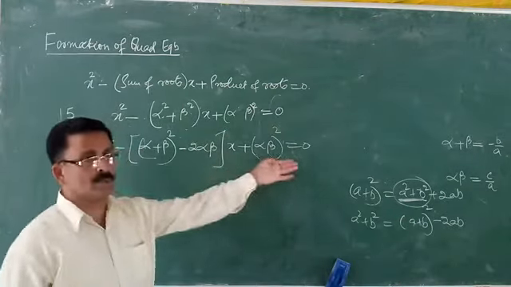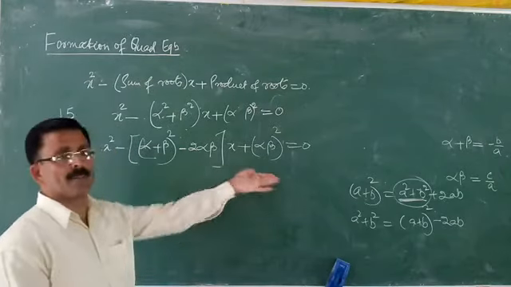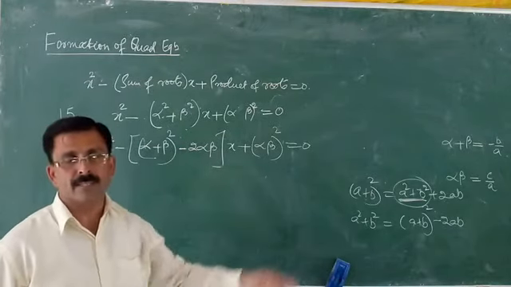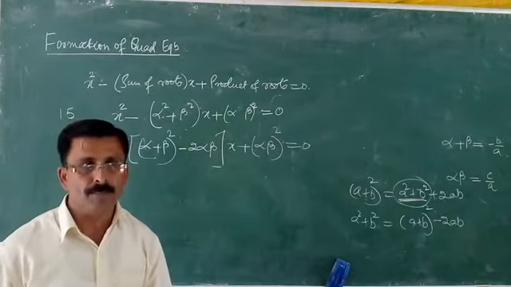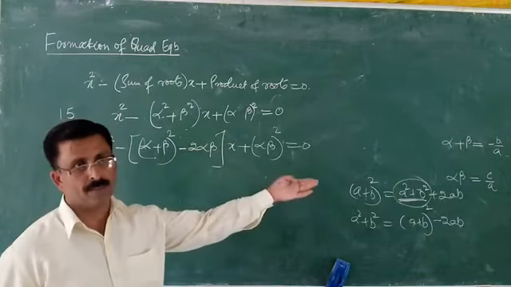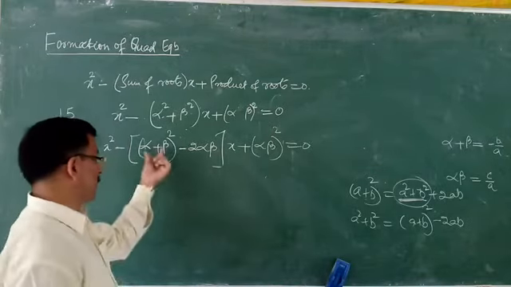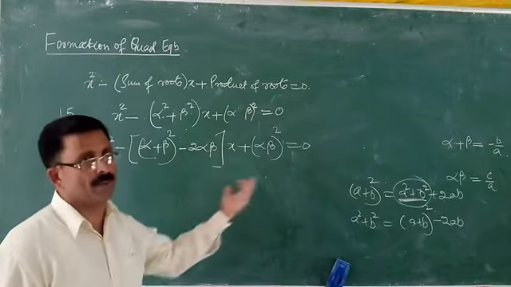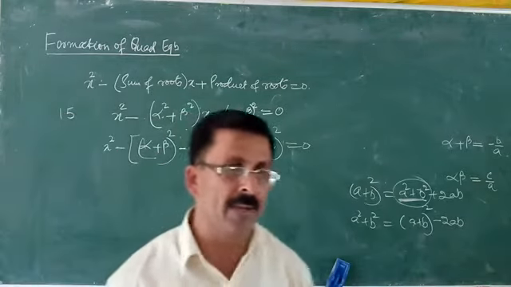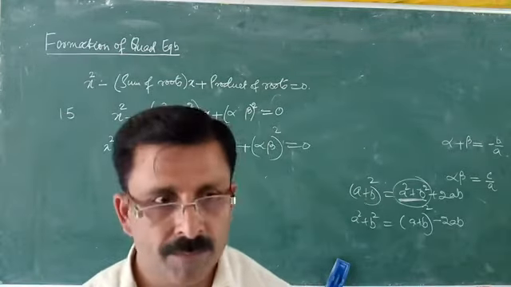Now all the terms you see here are converted into the sum or the product of alpha and beta. This is all done. Now if I can have the value of this part and then the value of this part, I will be able to just put it in, simplify and get the quadratic equation.